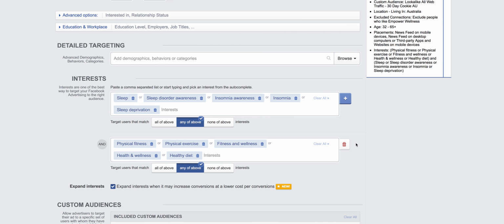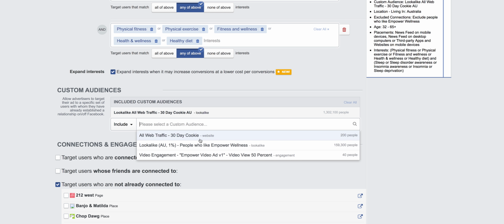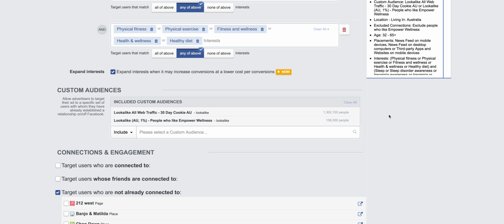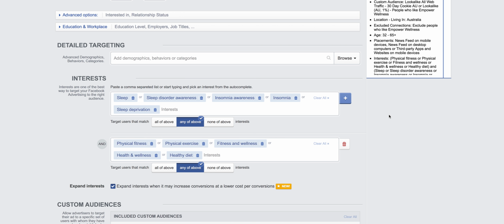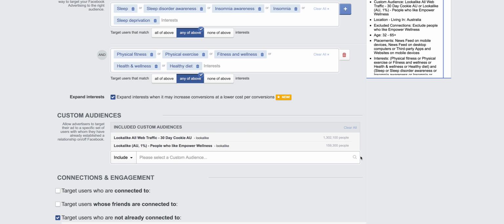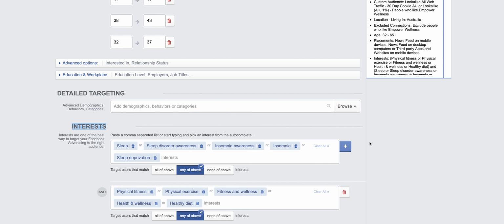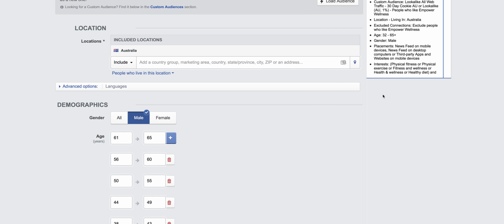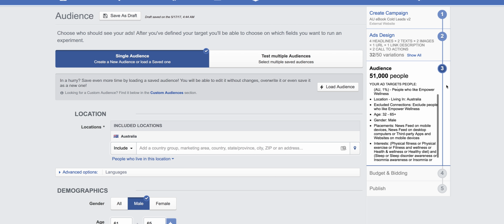So adding it back in, why not? Here where we got our interest, I think we're going to do some changes on this. 51,000 people.